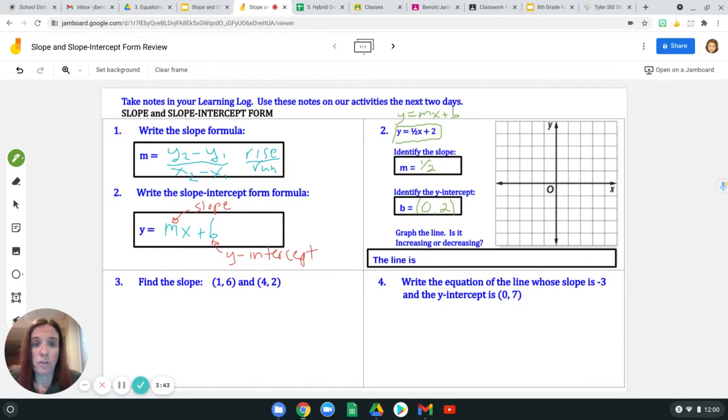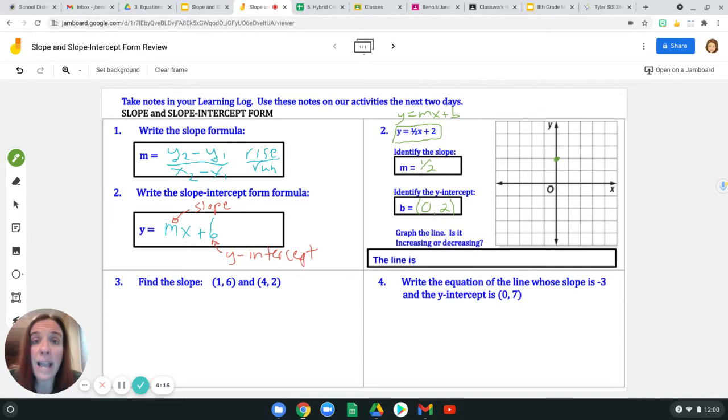Now, to graph this line, you would start by graphing the y-intercept. This is something that we really need a lot of practice on, what we saw through our first run through with this. So you go to the origin. Your x coordinate of that ordered pair is 0, so you're not moving right or left. Remember, this is the y-intercept, so it's going to be on that y-axis. Your y says positive 2, so go up to 2 on the y-axis and make your point.